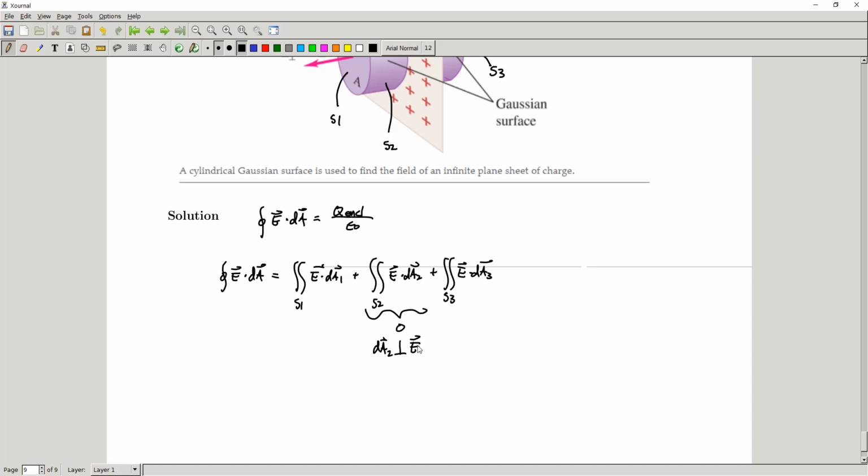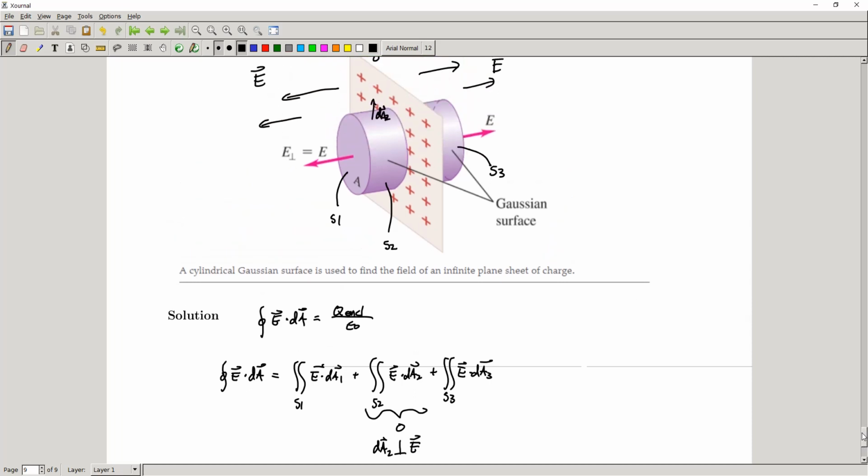Okay, and we can also make a simplification here in that whatever our result for surface 1 is, that's going to be exactly the same as our result for surface 3, right? It's going to be the same magnitude of E, assuming that we're the same distance, which we would be by our setup here.